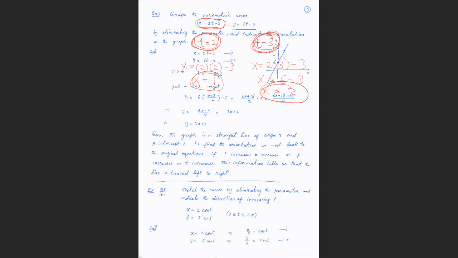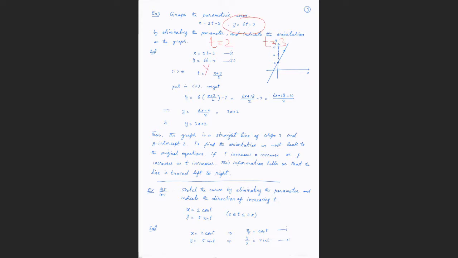If I increase t from 2 to 3, the value of x increases. Similarly, for y, at t equal to 2, y is equal to 6 into 2 minus 7, which is 12 minus 7, equal to 5.